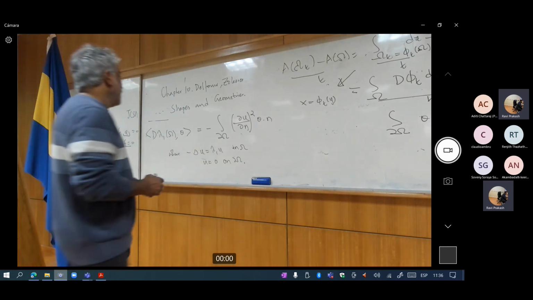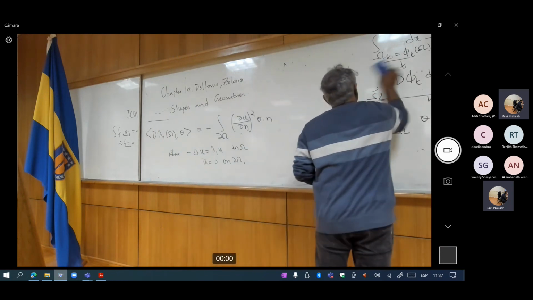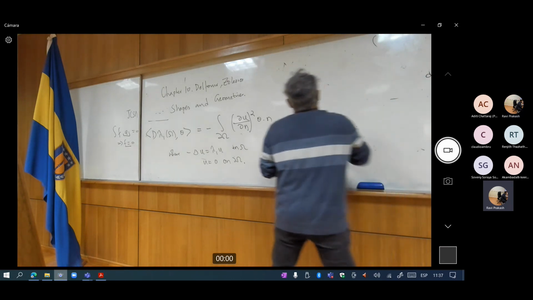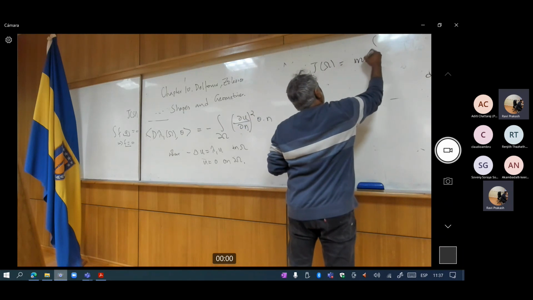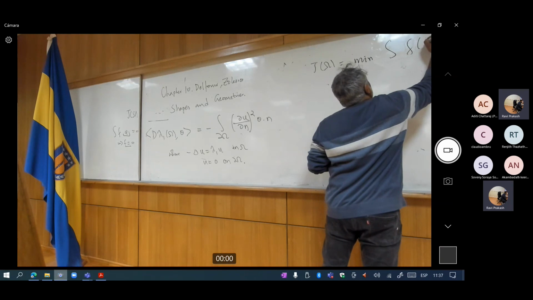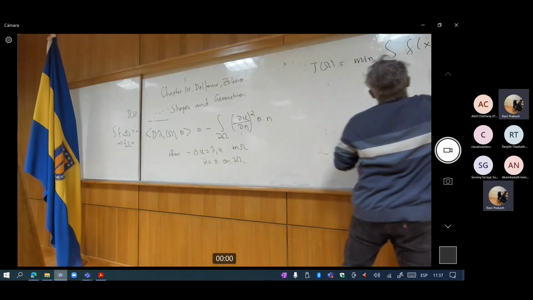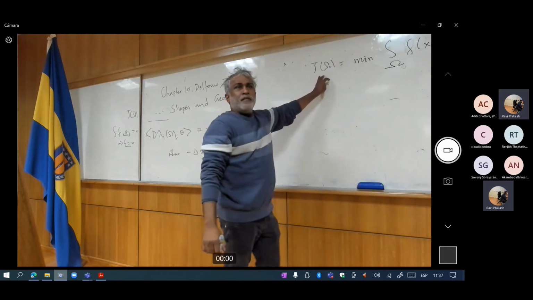And actually, when you have that j of omega itself is the minimum of some class of functions of this form, it's quite easy to calculate the shape derivative.